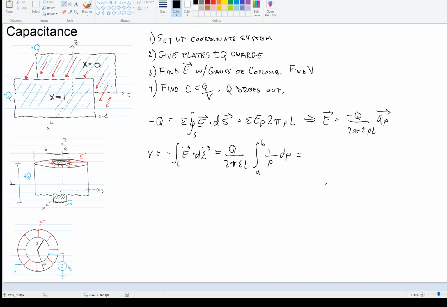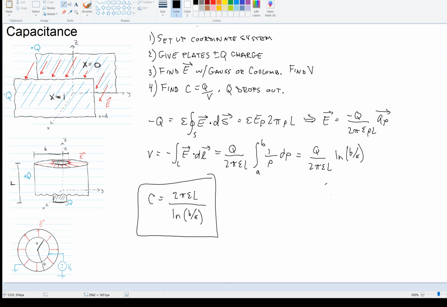And so when I compute that, this is the natural log of B minus the natural log of A. Using a property of natural logs, that's the natural log of B over A. So this becomes Q over 2 pi epsilon times the length times natural log of B over A. Now step 4, find the ratio of Q over V. So I take Q divided by what I just got, the Q's drop out, and I get C equals 2 pi epsilon times the length divided by the natural log of B over A. You see?